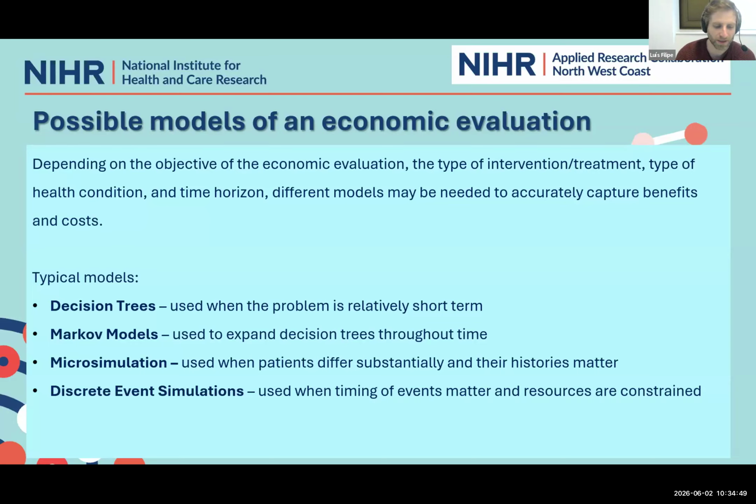They will help us link intermediate clinical endpoints to final outcomes. They will help us generalize the economic evaluation to other settings, because a lot of the time you are doing things in, for instance, a trial, but then you need to understand how it would work if generalized to other settings, and it can help with that.